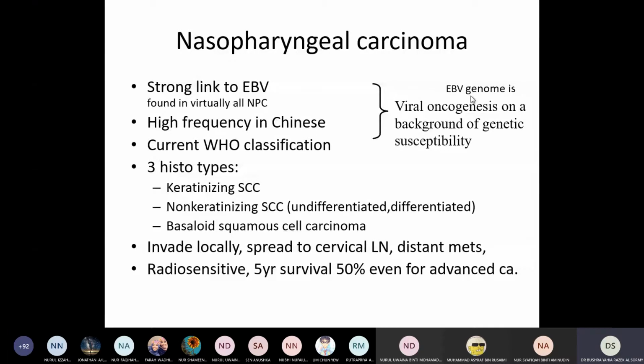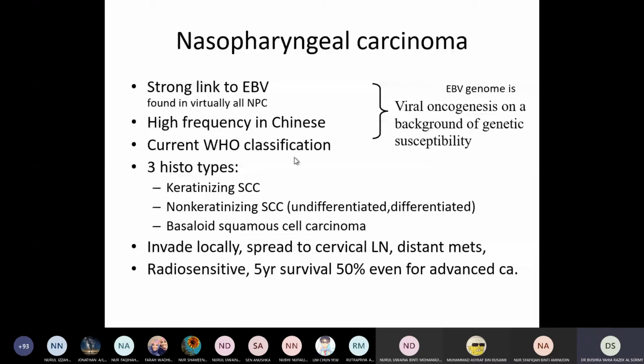The viral genome carries viral oncogenes, but the tumor is not due to the virus alone. Anyone exposed to Epstein-Barr virus can get NPC, but the patient may also have genetic susceptibility, plus the Epstein-Barr virus infection, which can lead to nasopharyngeal carcinoma.